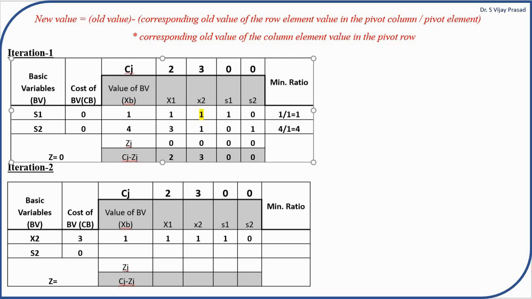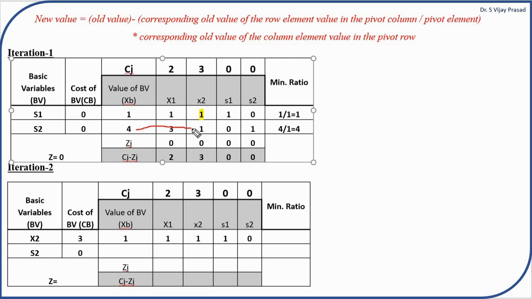Let me draw a diagram here so that you can understand very easily. This is the old value. The corresponding old value of the row element in the pivot column.